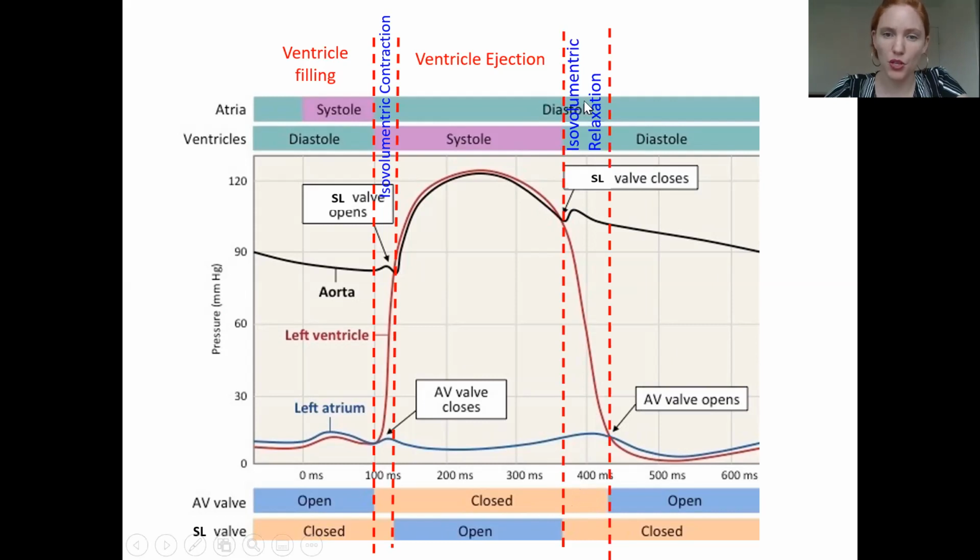No change in volume. Okay, so as the ventricles continue to relax, at some point the pressure in the ventricles becomes less than the pressure in the atria. That makes it so that the blood is now flowing from the atria down into the ventricles, and so now the AV valves open again.